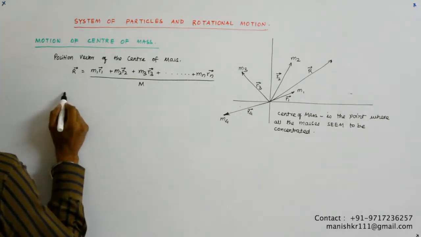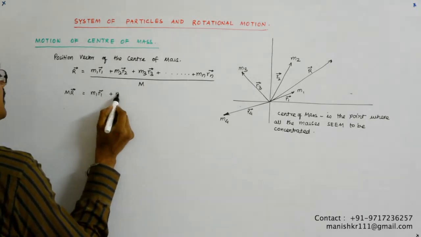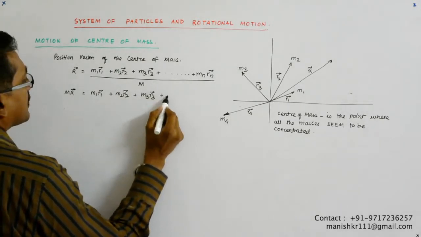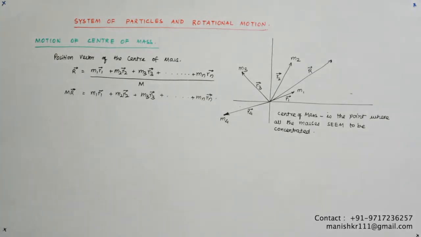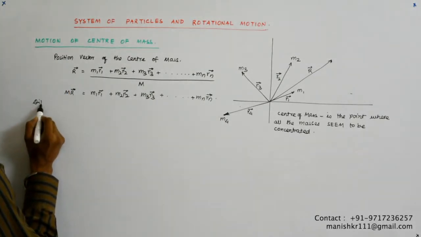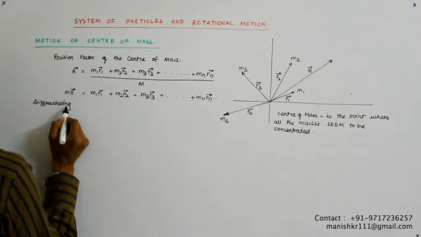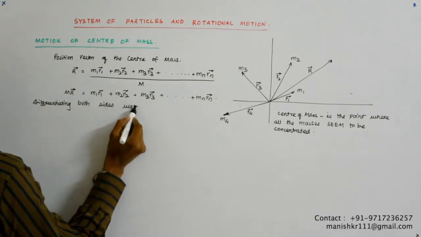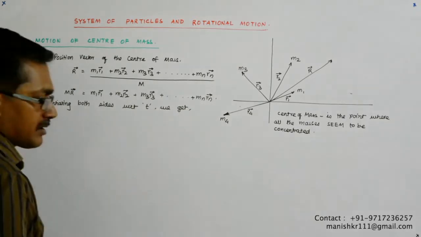Now that gives me that M R is equal to m1 r1 plus m2 r2 plus m3 r3 plus up to mn rn. Is it not? Now if I differentiate both sides with respect to t, what do we get?